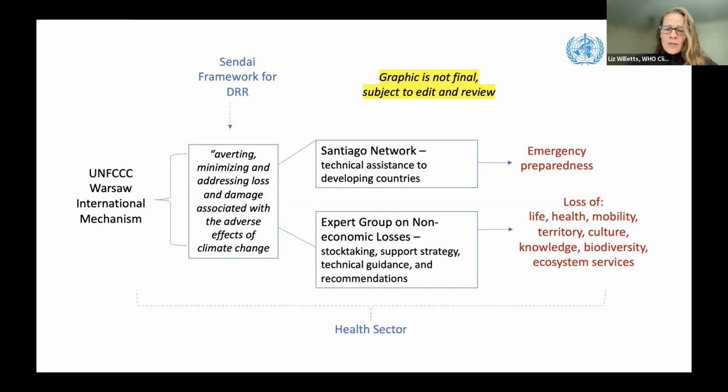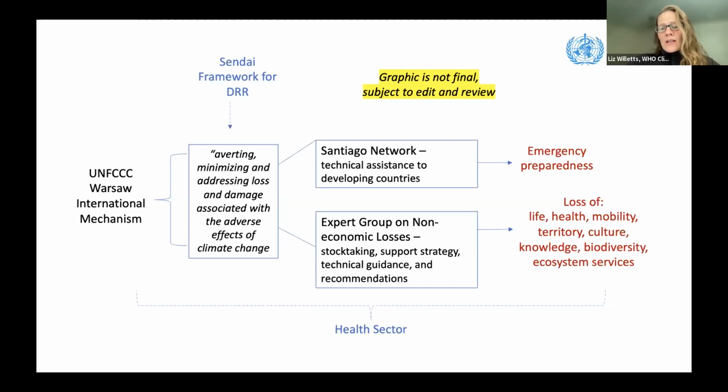The second element that is of interest and will continue to be further developed is the expert group on non-economic losses. This group has had an agenda that includes various health elements, including a potential nexus study on health and biodiversity. And it continues to take this work forward.